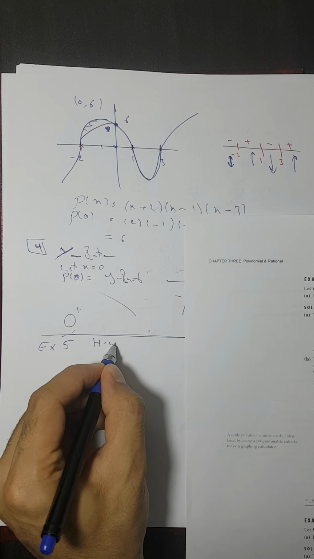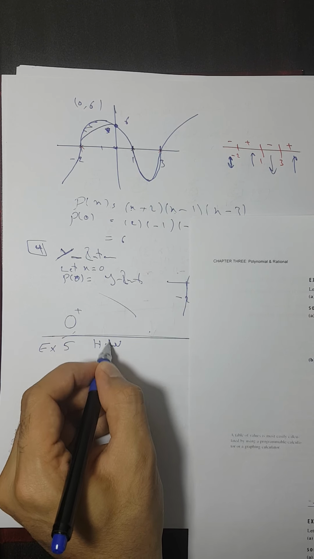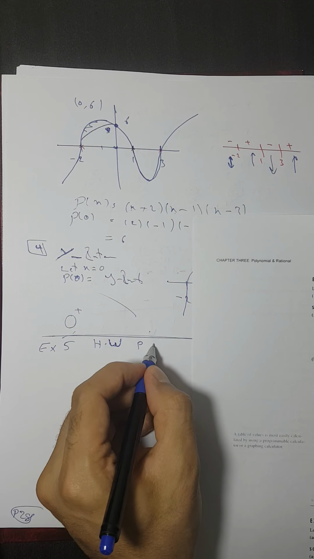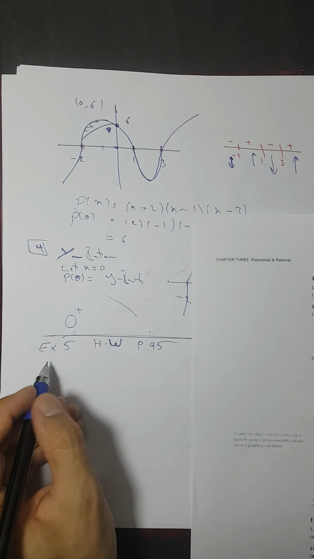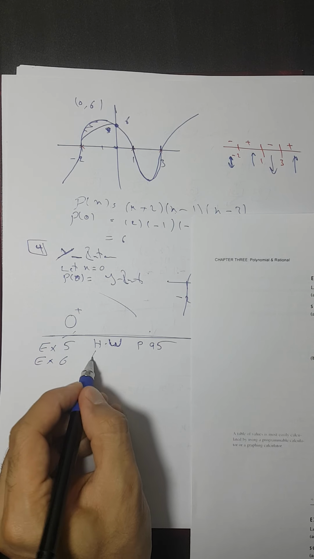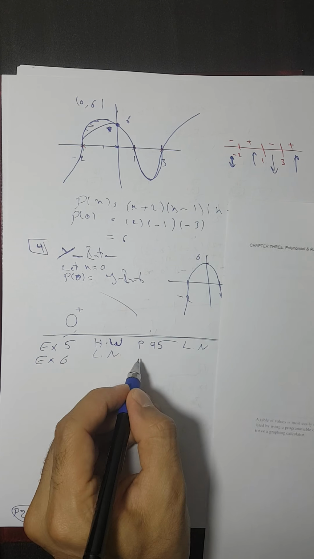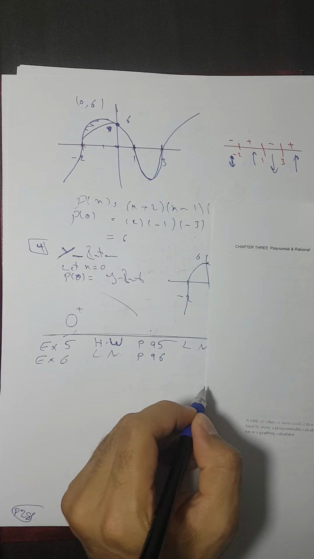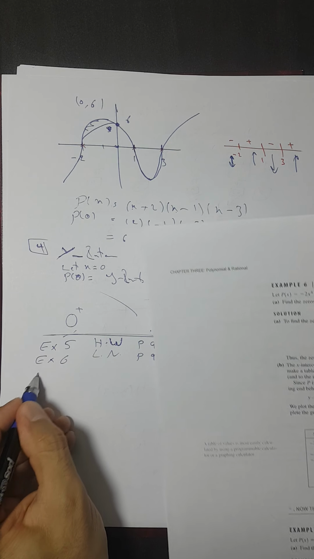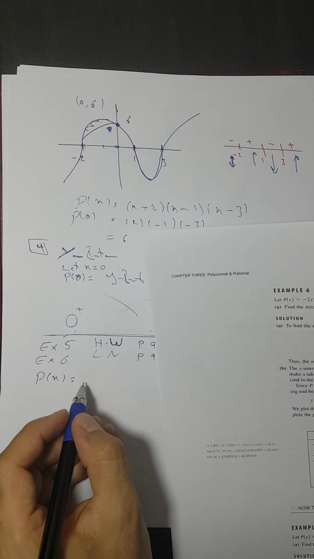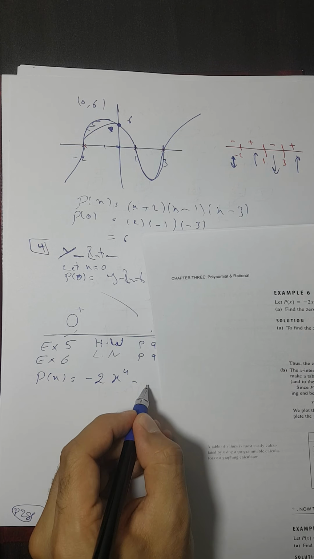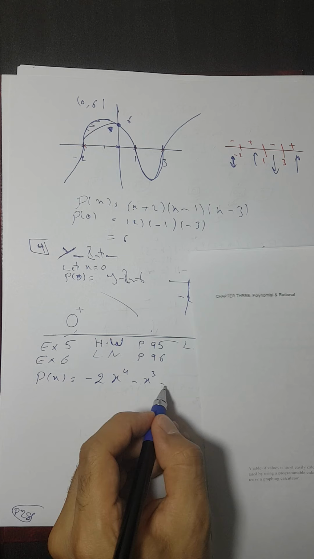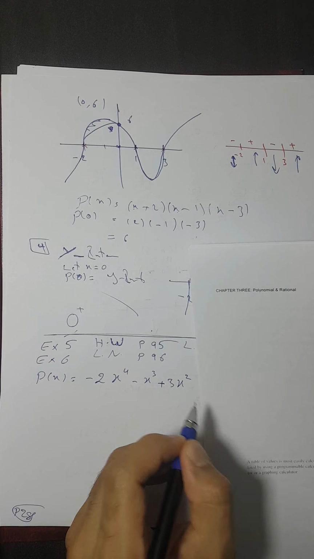It's homework, page 95. So example 6, in your lecture note, page 96. Sketch the following graph. Just plot it: x to the power 4 minus x cubed plus 3x squared.